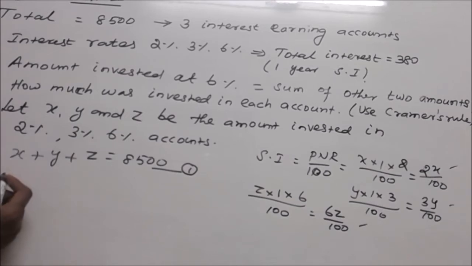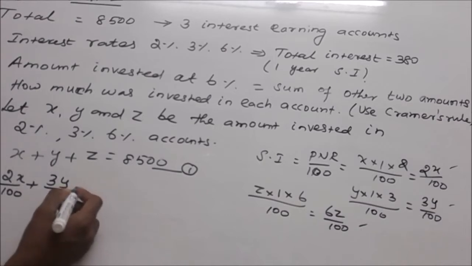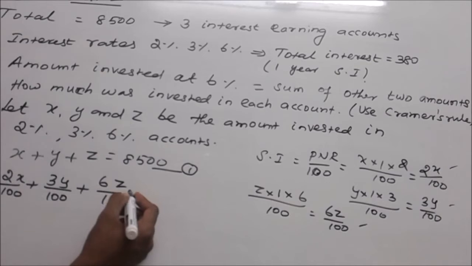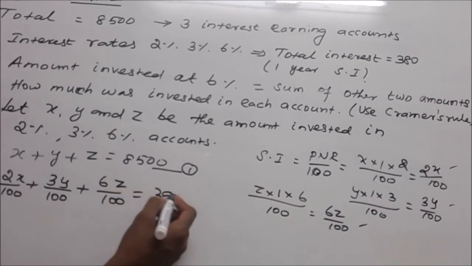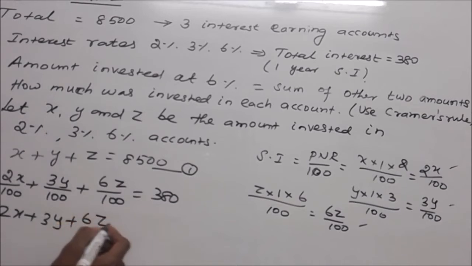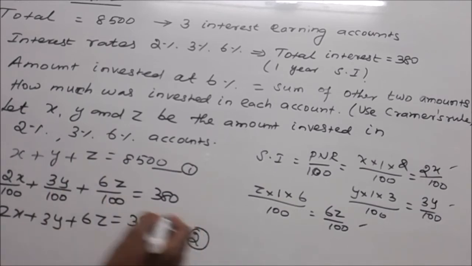According to the second condition, 2x by 100 plus 3y by 100 plus 6z by 100 is equal to 380. Now multiply by 100, and we get 2x plus 3y plus 6z equal to 3800. This is equation number 2.